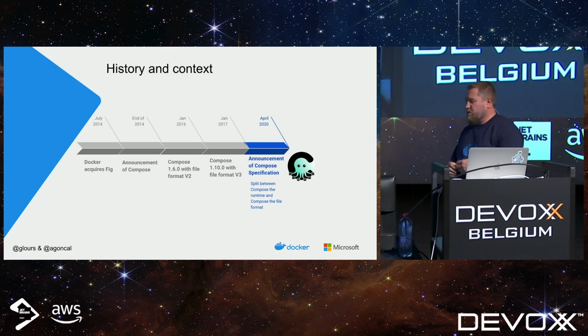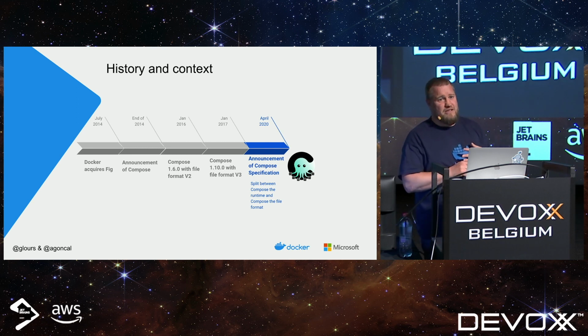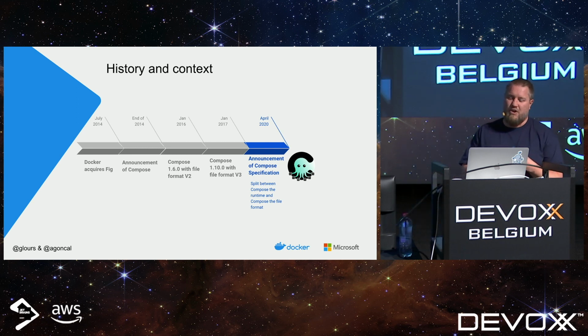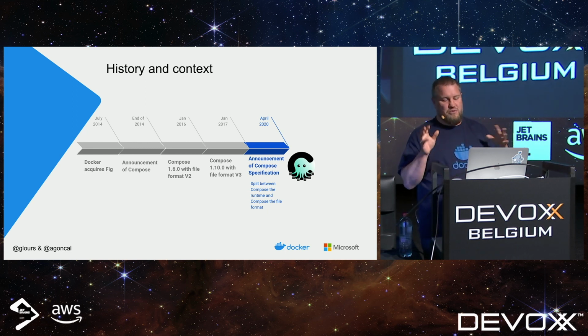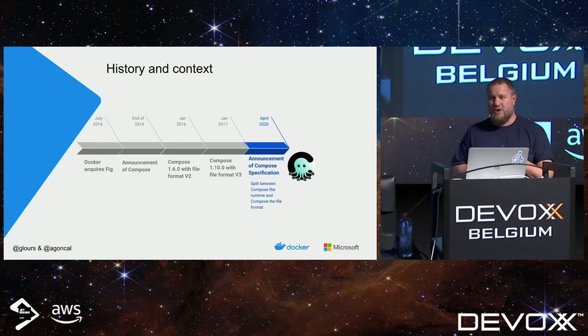So we started a partnership with Microsoft and Amazon to deploy Compose application directly into the cloud. And during all this work, we decided to split the file format from the binary.